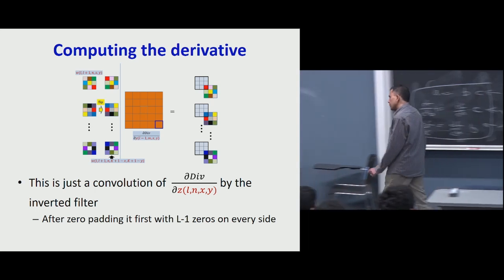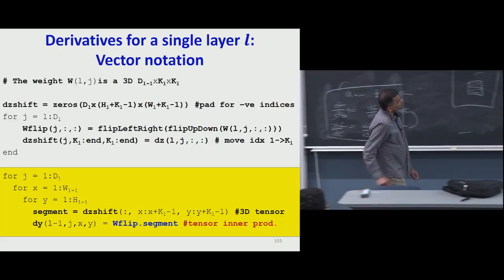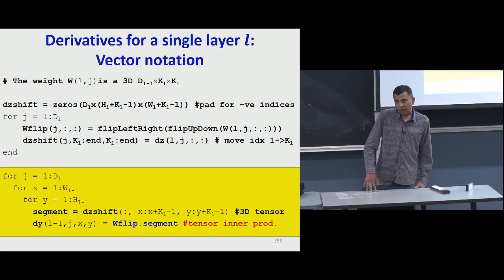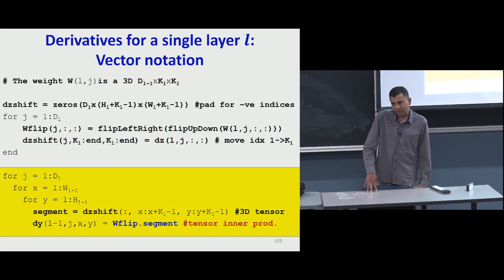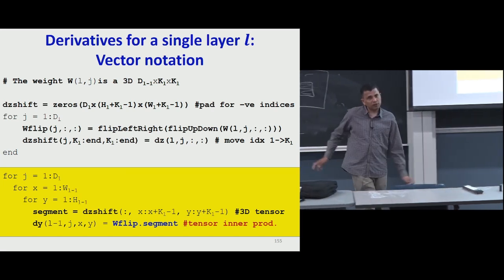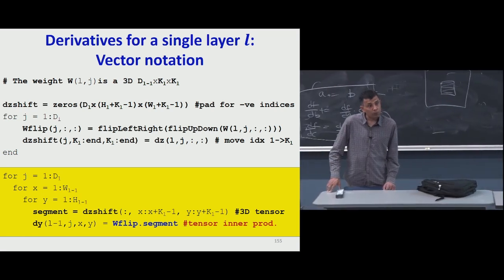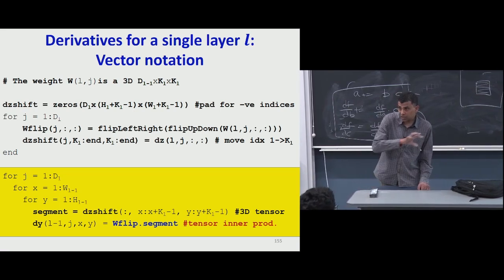And so if you were to write pseudocode, here's what you're going to do. This is the code. The first thing I'm doing is going through all of the filters and flipping all of the planes in the filter, just being very explicit. The z shift, I'm calling it a shift. You'll see why if you look at the slides, but you don't need to think of it that way. It's simply the zero padded version of the z. And then the bottom code is literally just a convolution.